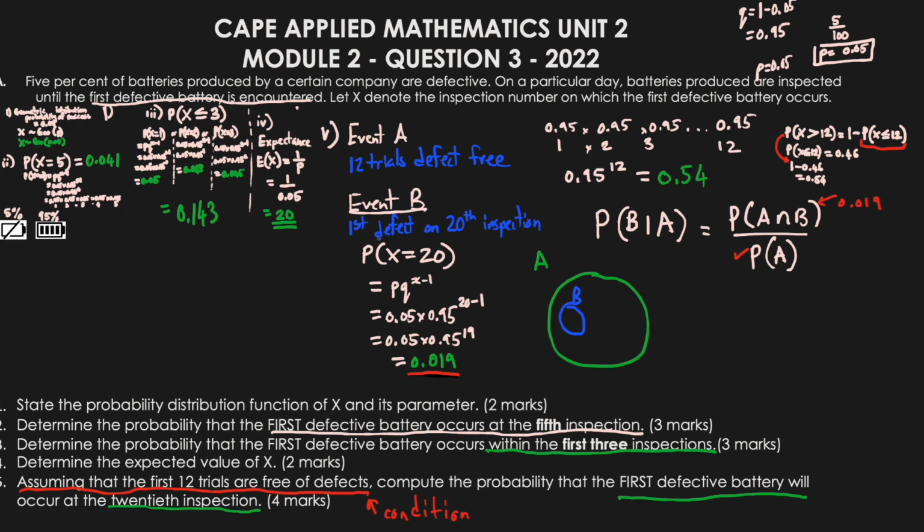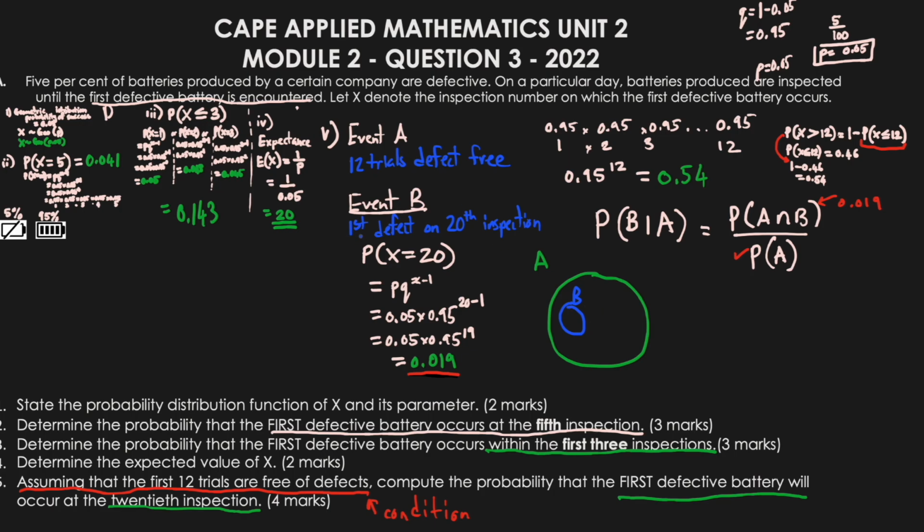Remember, there were no defects up until 19. Similar to this one here, this one says there are no defects up till 12. So we already covered the fact that there are no defects in event B up until the 20th time. So this probability will be covered inside of this.